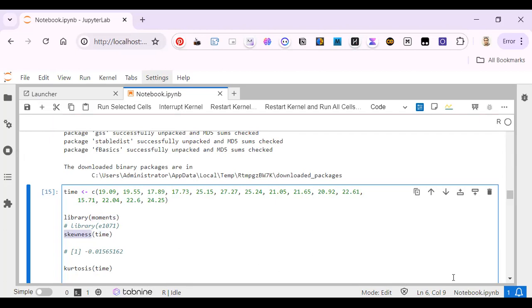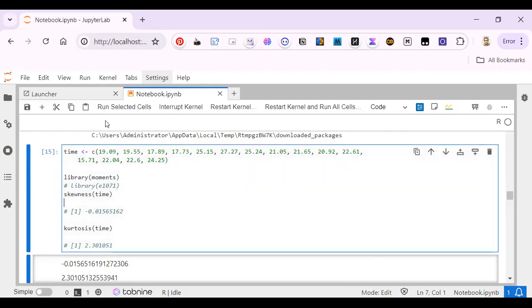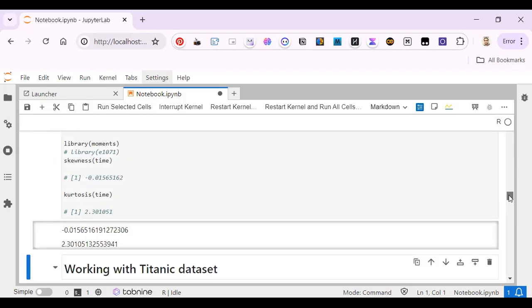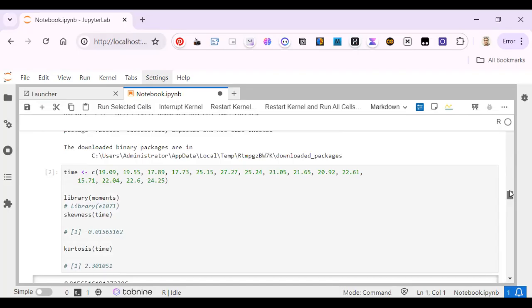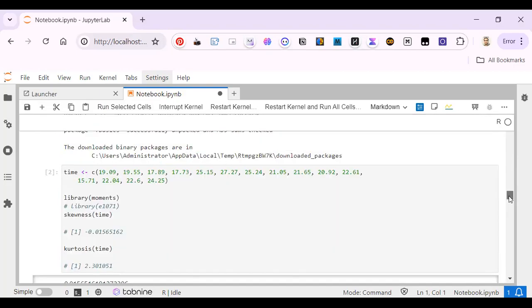Similarly, I'm asking for kurtosis. When I run it, we got this example: minus 0.01 and here 2.31, which is nearby 3. Now go ahead and understand here. So first is minus, right? So minus is the value.